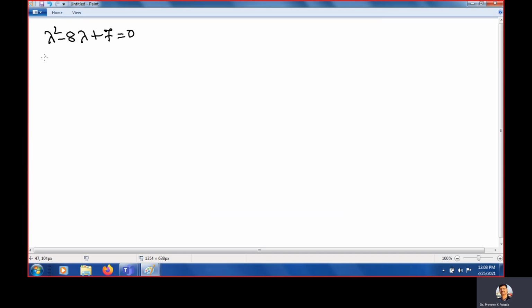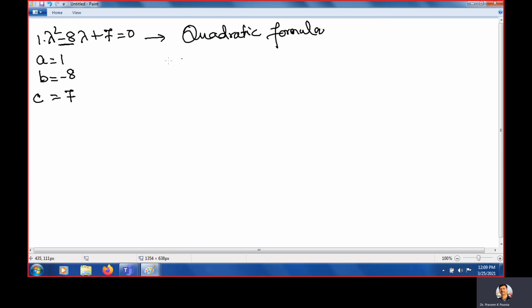This is a quadratic equation, so here the value of A is 1, the value of B is minus 8, and the value of C is 7. So we need the quadratic formula to solve this. What is the quadratic formula? It is lambda equals minus B plus minus square root of B square minus 4AC, upon 2A.